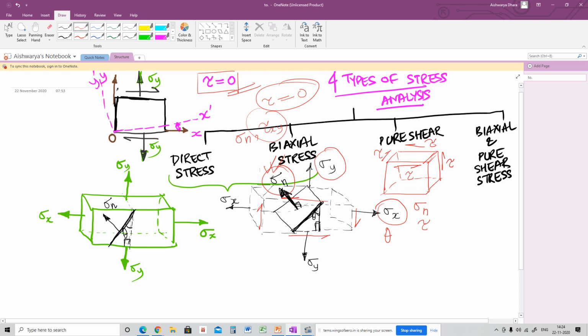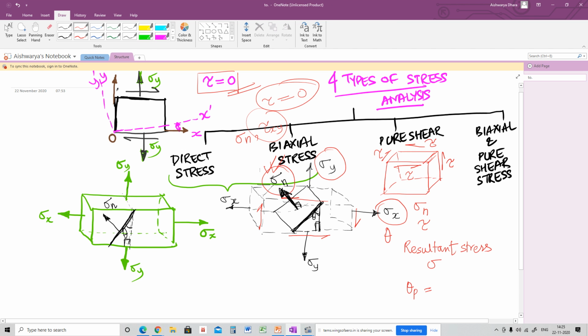And what is the resultant stress? In all 4 cases we will be concentrating on these 3: sigma n, tau and the resultant, at angle theta. What are the resultant stresses occurring, what will be the maximum principal stress, and when will it be the minimum, and what are the conditions?